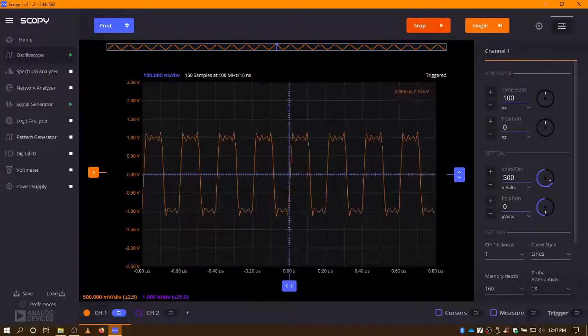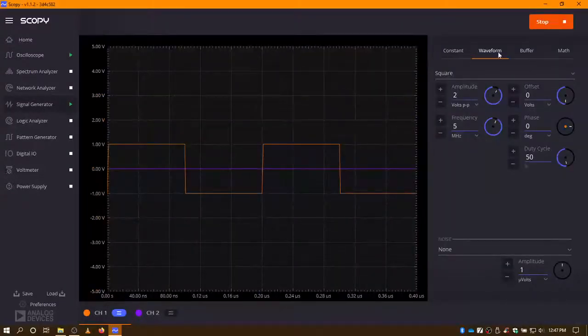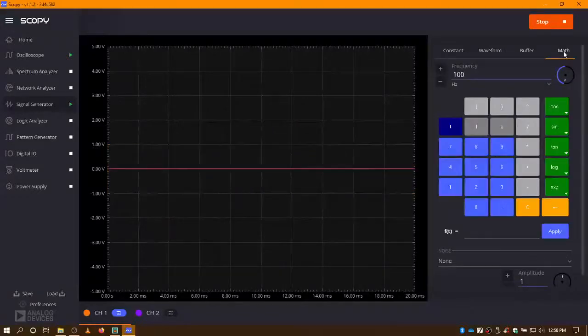Now let's take a look at some other signal generator features. Okay, one of the other features of the signal generator is the ability to produce math functions. And what I'm going to do is throw together a quick math function. Let's say 2 times, open parentheses, cosine wave.